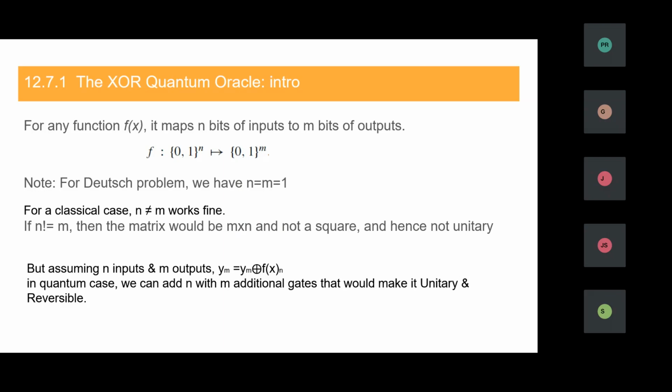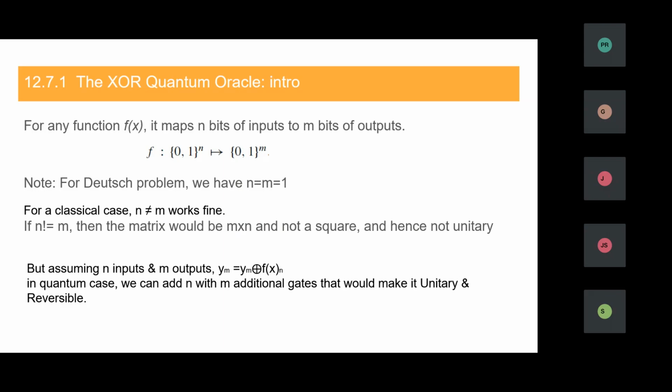If n is not equal to m, then for a quantum circuit black box, it has to be implemented with an n cross m matrix, and that is not going to be a square matrix. Because it is not a square matrix, it is not going to be unitary, it is not going to be reversible, and it does not really become a quantum gate.